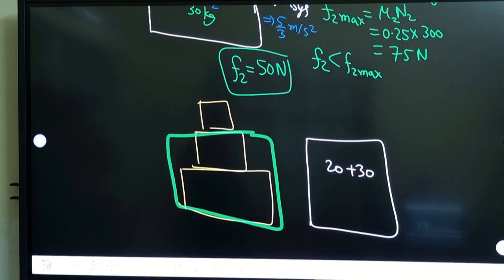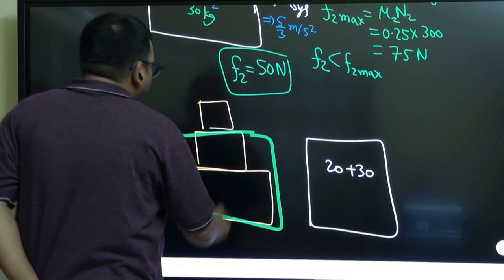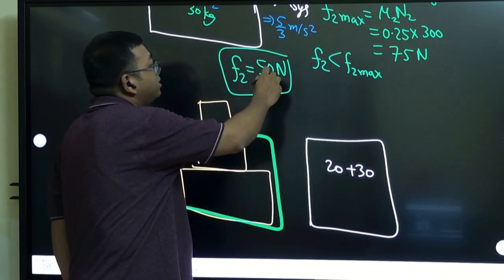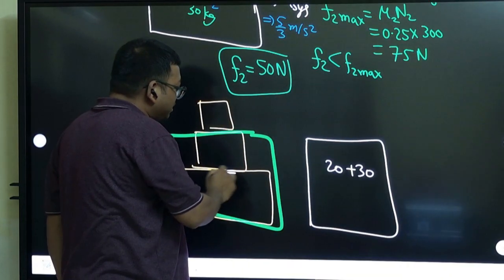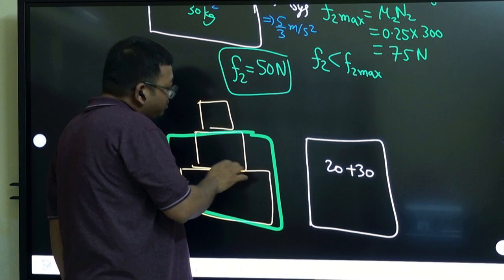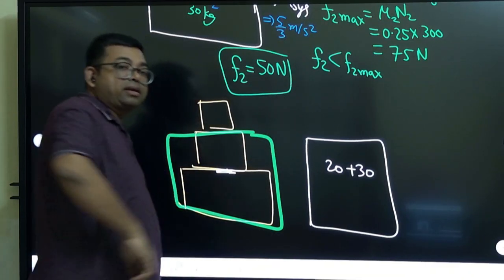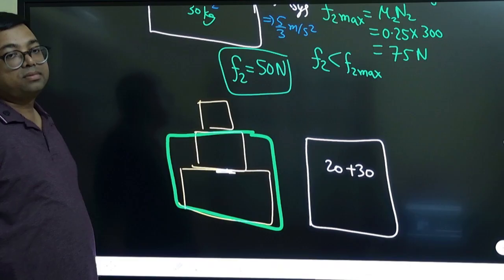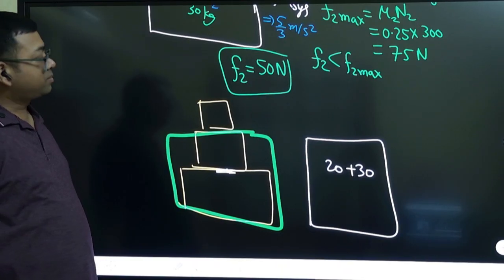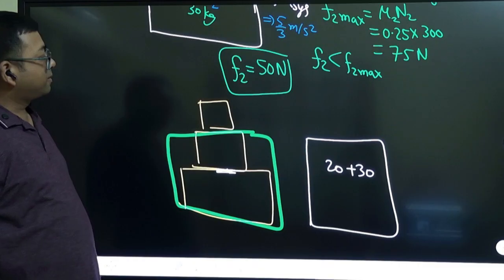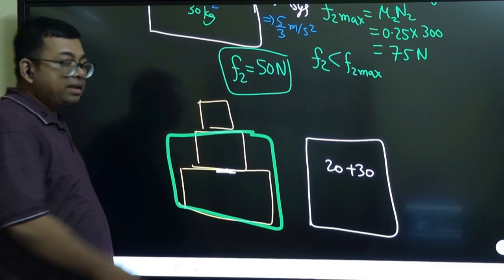Yes, tell me. Just now we have calculated that if relative motion happens here, then they will be sliding, and if they are sliding, then maximum friction will act. There is no friction there.